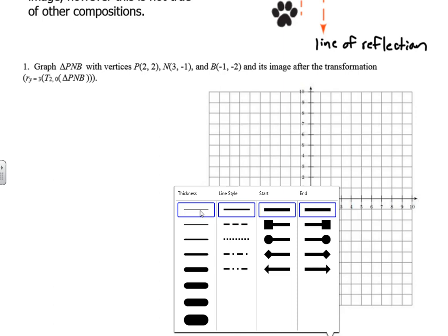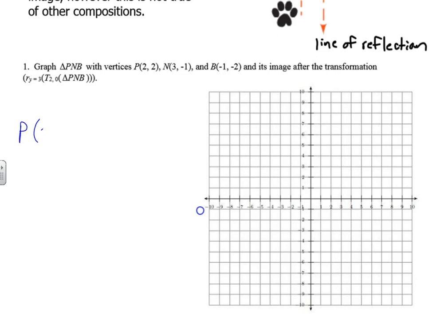P is (2, 2), N is (3, -1), and B is (-1, -2). So it said graph this: (2, 2) is P, (3, -1) is N, and (-1, -2) is point B, and we would take a straight edge and connect those points.